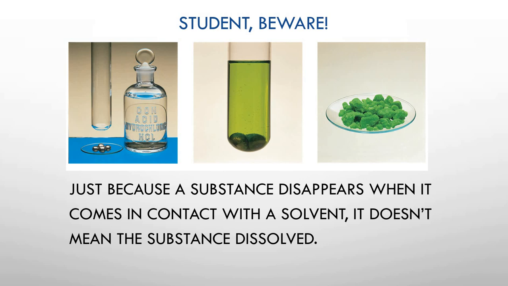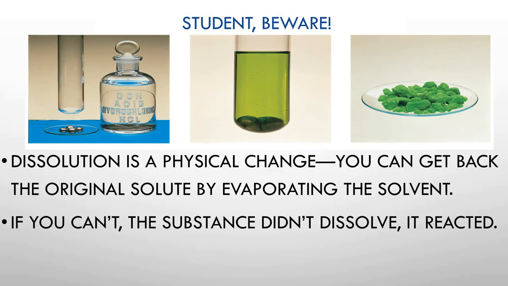So if I dehydrate it and get the same thing I had before, it's a solution and it's been solvated. If I dehydrate it and get something new, a reaction's taking place. Okay? Dissolution is a physical change. A chemical reaction is a chemical change. So you've got to be able to know the difference. The big thing is, by evaporating, you can tell the difference.